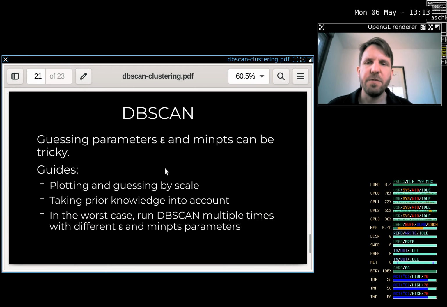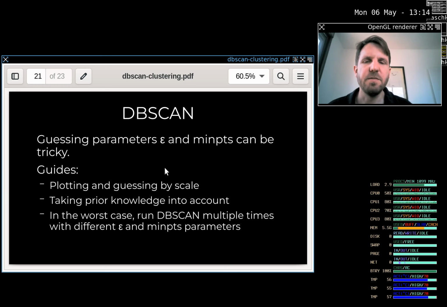What are the problems about this DBSCAN algorithm? So guessing the parameters can be a bit tricky. Finding the right density to start with in order to find these clusters is not formally obvious. But there is some help. For instance, you can do a plot if it's a two-dimensional story, or you can make a PCA and then a plot if you know what the PCA is. In this course, we will probably not go into it.